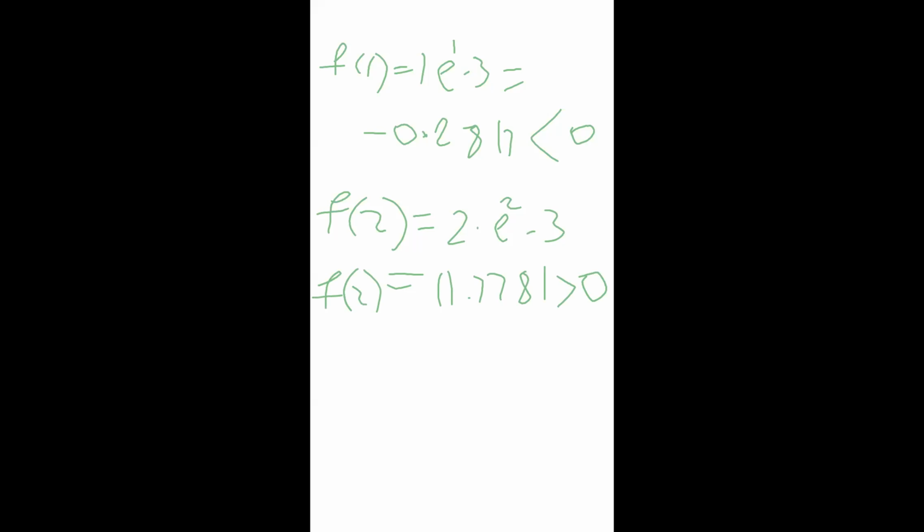These values are required for calculation, the values of f of a and f of b are required. So write it properly. Here you can see the function at x is equal to 1 is negative, and the function at x is equal to 2 is positive.